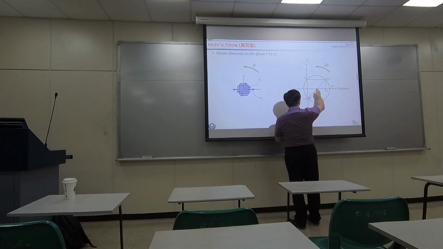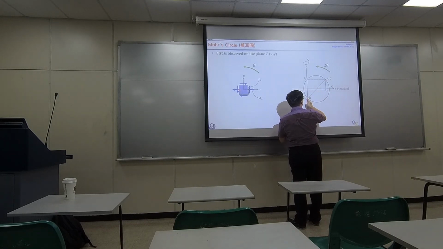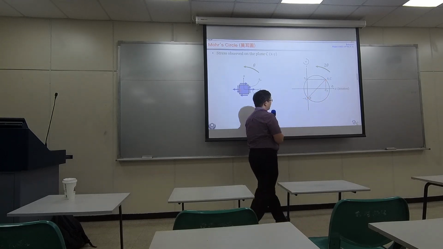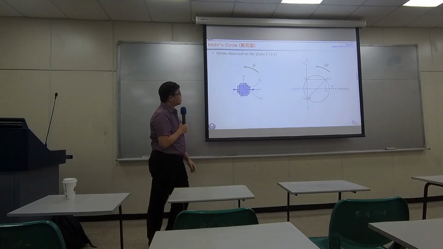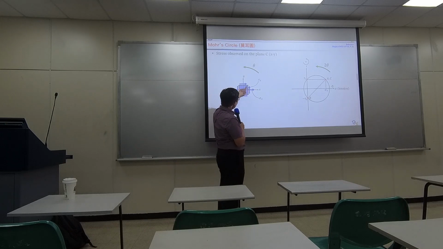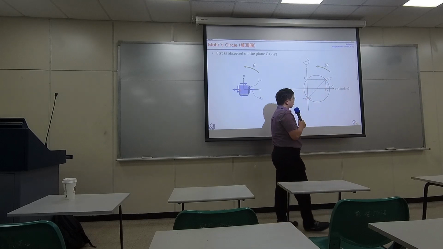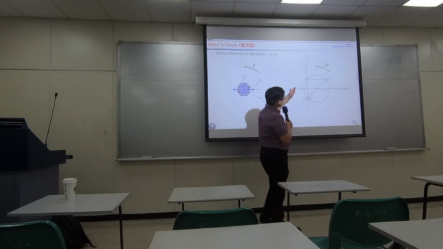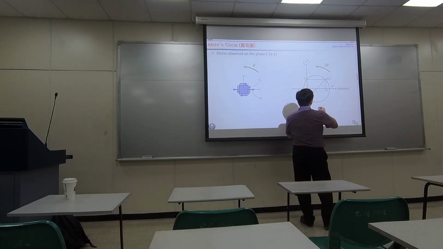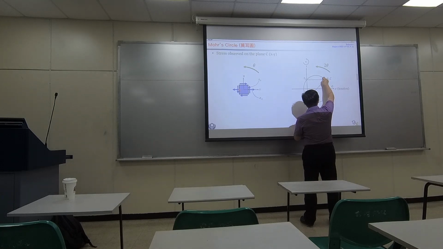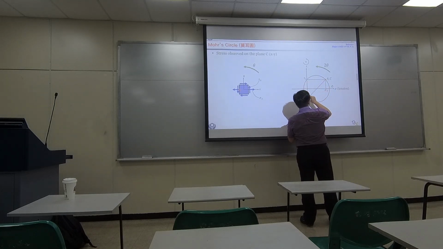If you want to find the center of the Mohr circle, you can connect point A and point B. If you move around the entire element, you can move from A up to C, then you have made one round of the Mohr circle. So this circle basically indicates the stress condition at any angle, everywhere.